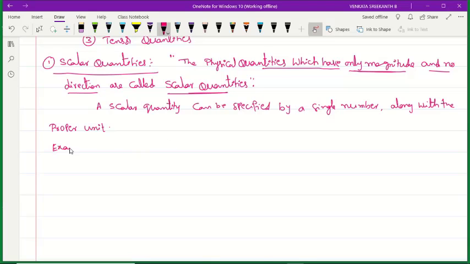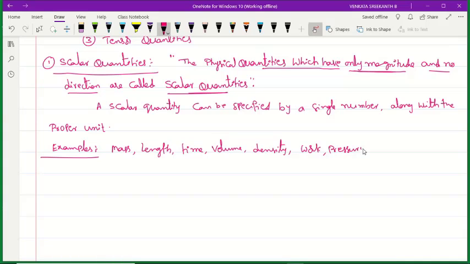For this, scalar quantity examples are mass, length, time, volume, density, work, pressure, etc. Even temperature we can say.